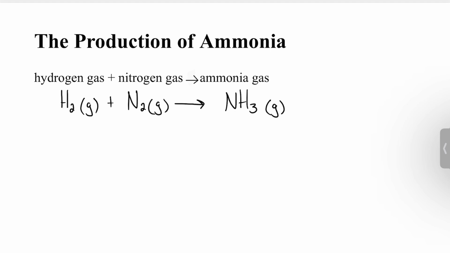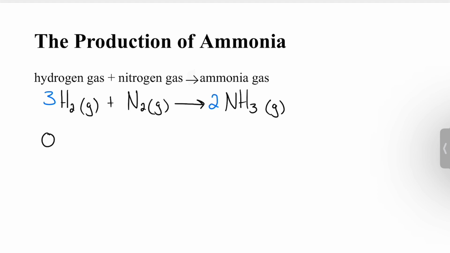To balance this chemical equation, I need to double my amount of ammonia and triple my amount of hydrogen. Because again, this is telling us what ratio these molecules are reacting in.